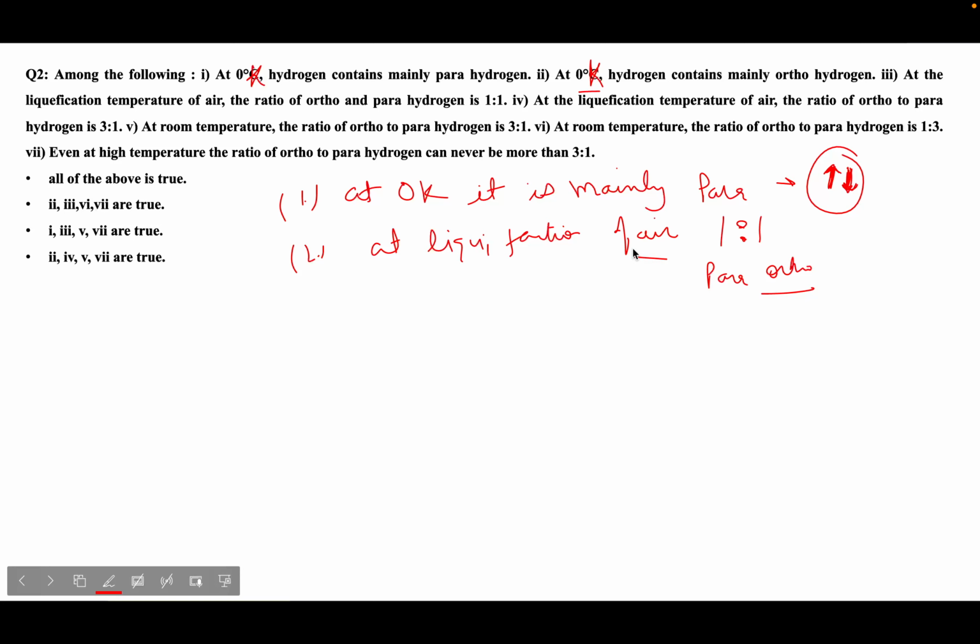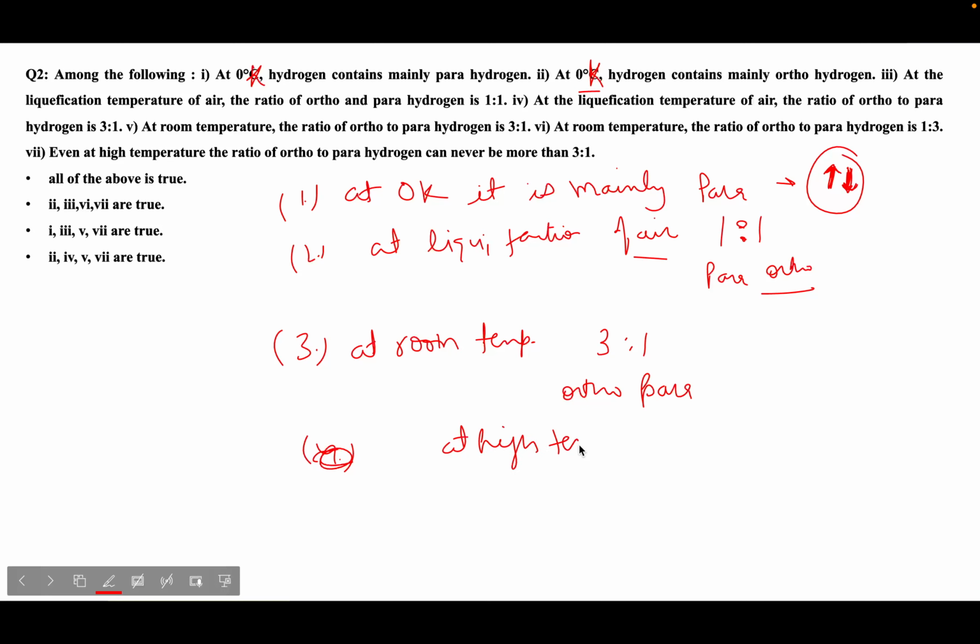So this is only para at 0 Kelvin, and at liquefaction of air, this is 1:1, and at room temperature it is 3:1 ortho to para, and at high temperature also it is 3:1.